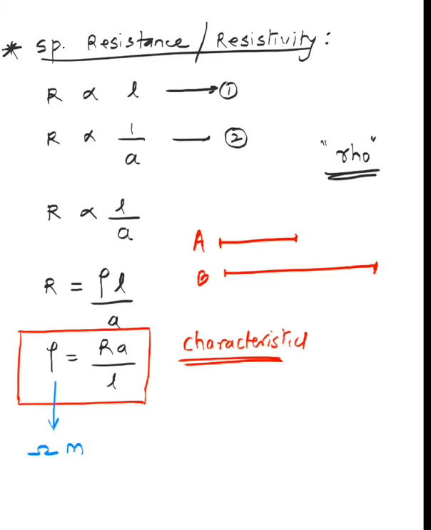If one wire is thicker and one is thinner, they'll still have the same resistivity.